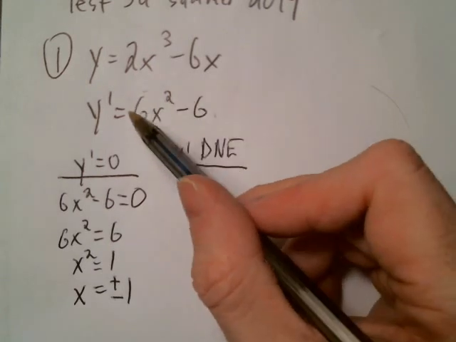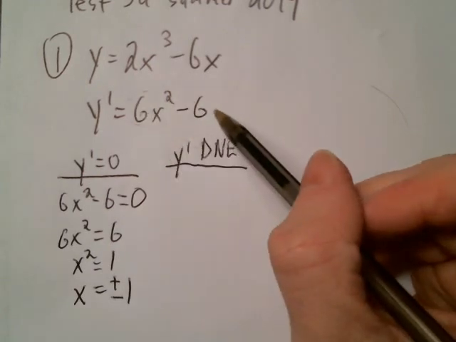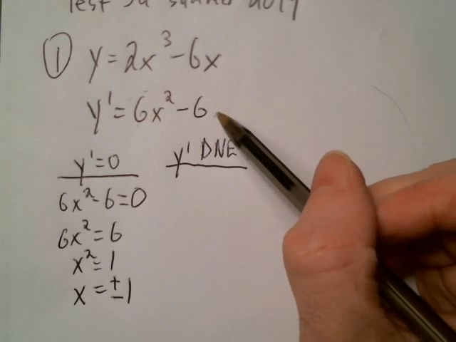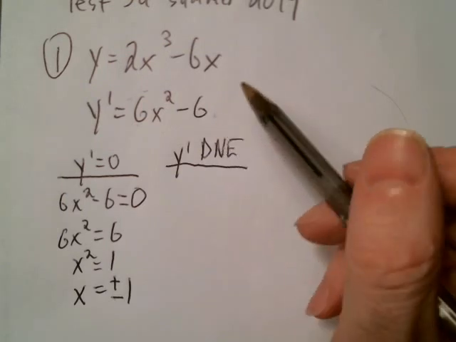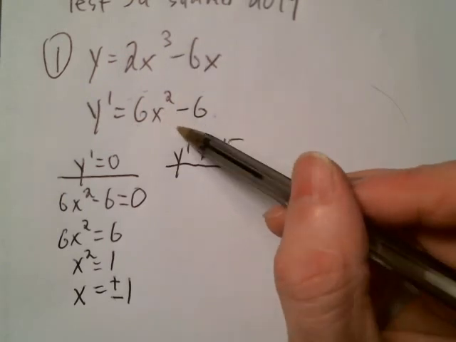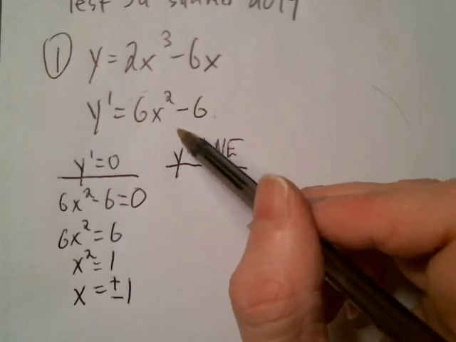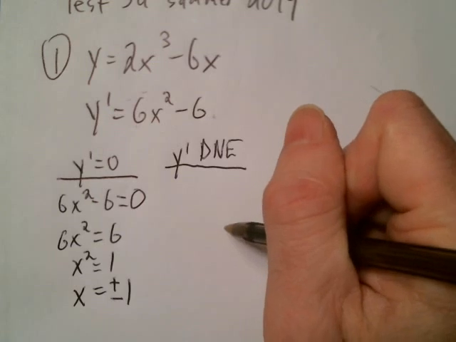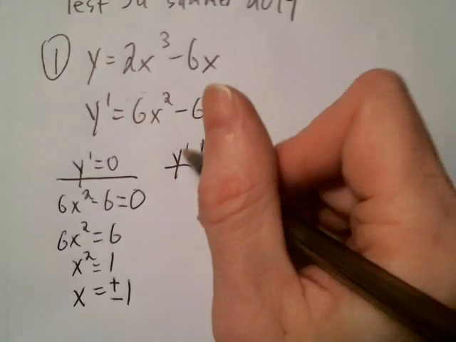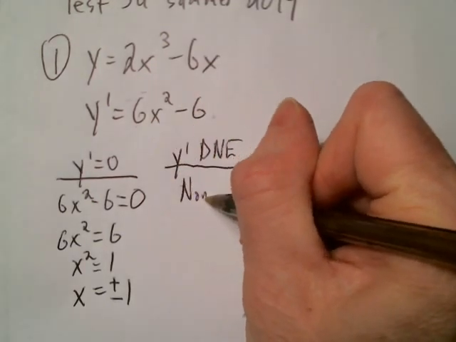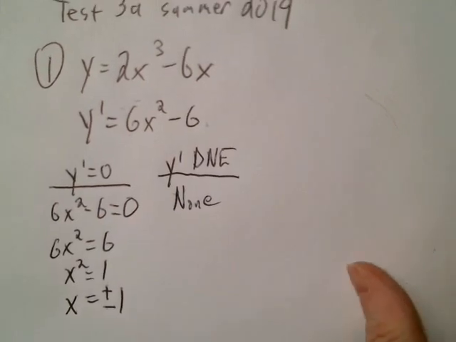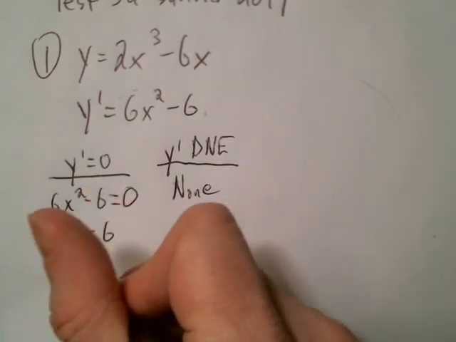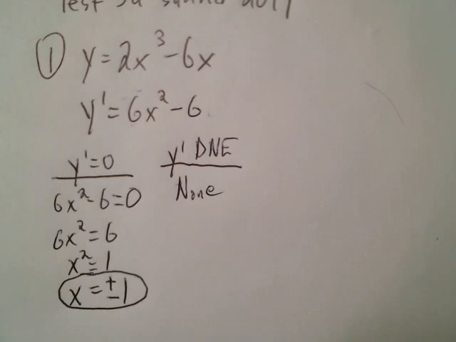It is a way to evaluate the limit of the difference quotient, which we define to be the derivative. So for any value x, you're going to be able to get a limit out of that, and therefore it will be differentiable anywhere. So we don't get any of these do not exist points, and we can conclude the only critical numbers are at plus and minus 1.